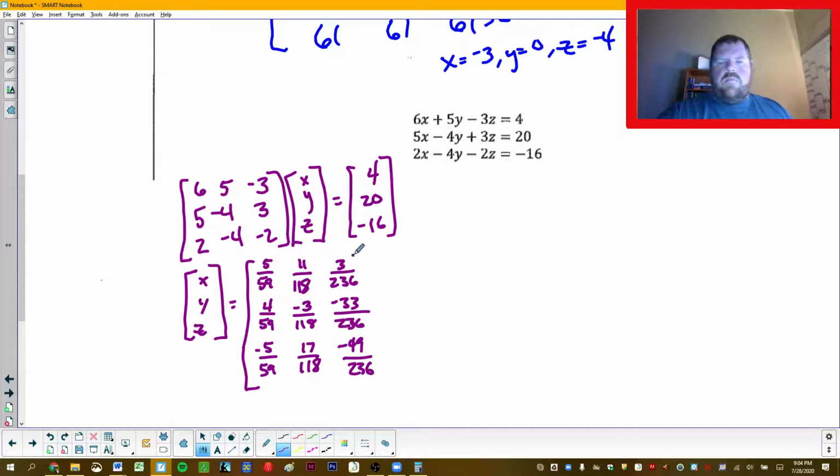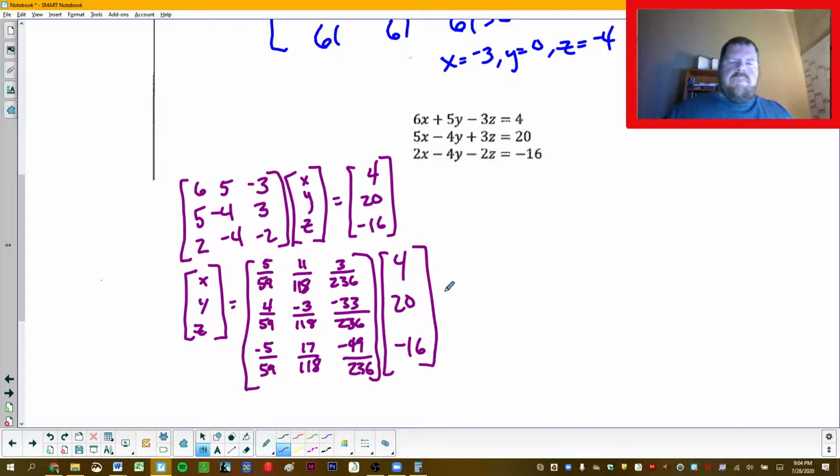Okay. And then it doesn't help that we got some bigger numbers in this constant matrix. I didn't want to undo all that. Okay. Let's see what we can do here.